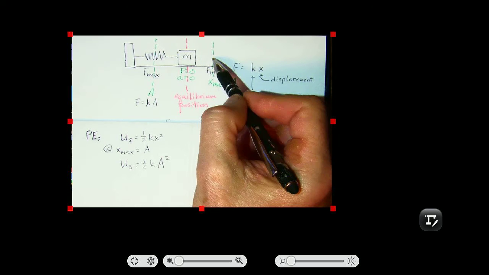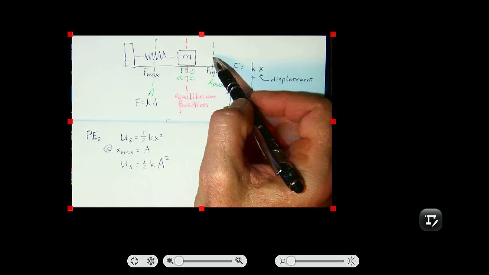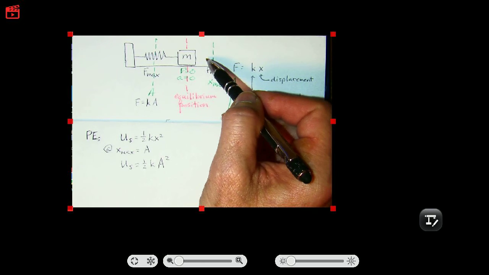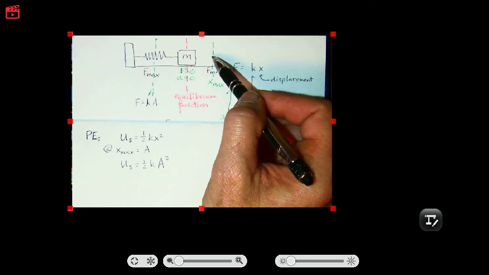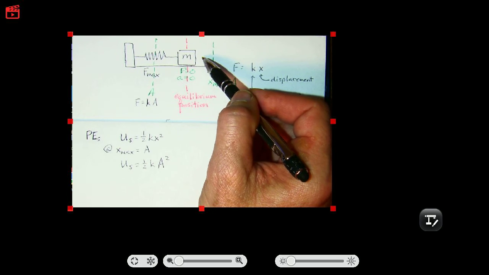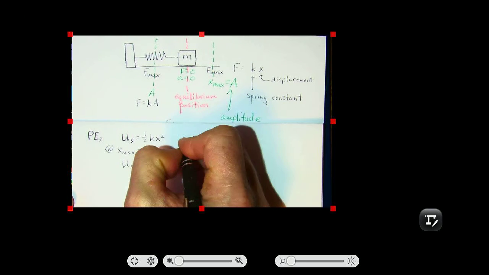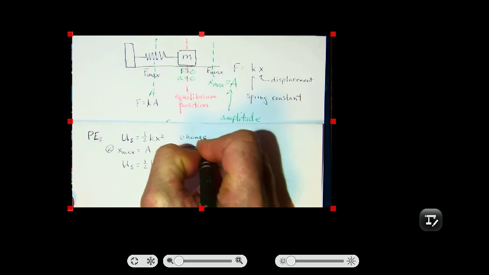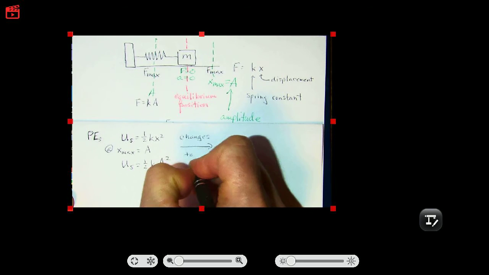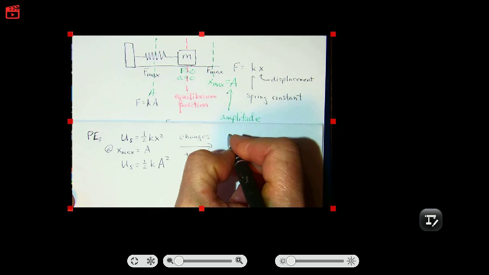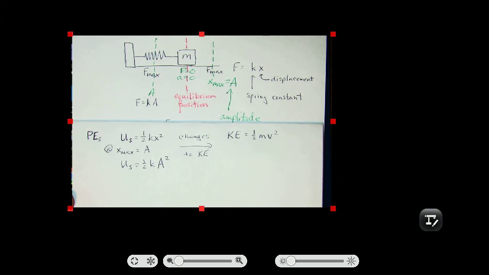So I pull it out here, I release it. What happens to our mass? It gets pulled towards the center. As it gets pulled towards the center, our potential energy changes to kinetic energy. Our equation for kinetic energy was 1/2 mv squared.